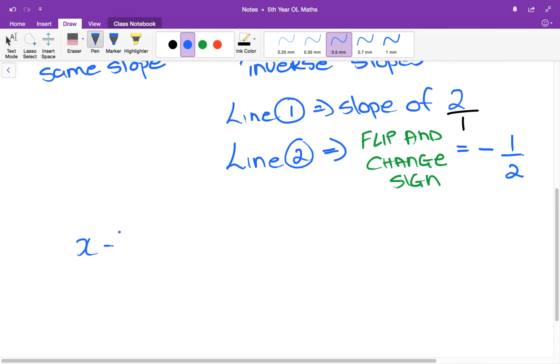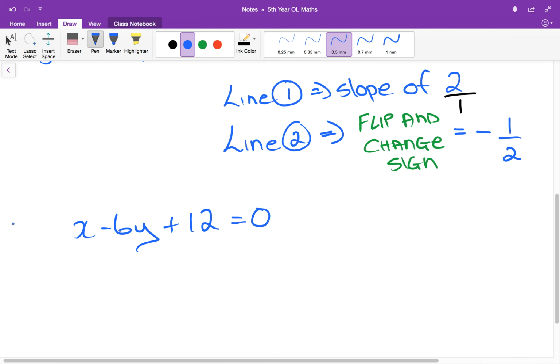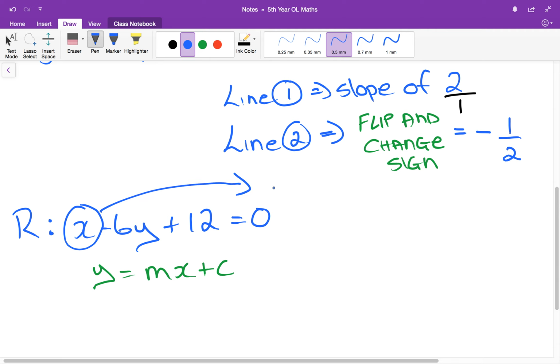So x minus 6y plus 12 equals 0 is line OR. To get the slope of this, hopefully you remember, you're going to do y equals mx plus c, which means you're going to isolate the y. So we'll take the x and bring it over and it becomes minus x. We're also going to take the 12 and bring it over and it becomes minus 12.